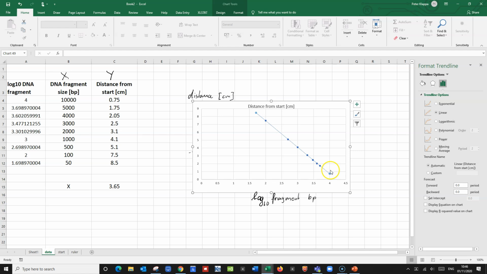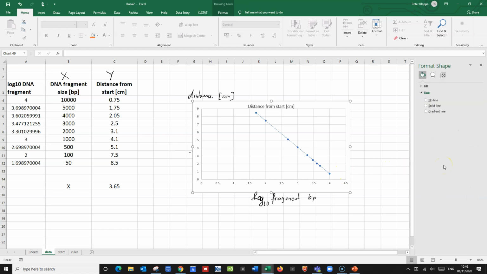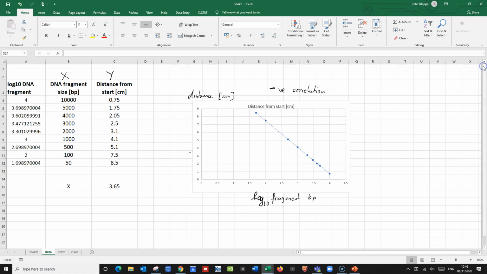We know it is a negative correlation, because the larger our x values, the smaller the y values, and that is indicative of a negative correlation.